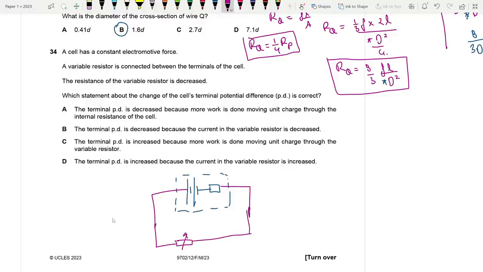So if you decrease the resistance of this, the current in the circuit actually increases, and as a result the lost volts will increase and terminal PD will actually decrease. So the terminal PD is decreased, not increased. The terminal PD is decreased because more work is done moving unit charge through the internal resistance of the cell. The terminal PD is decreased because the current in the variable resistor is decreased. B is wrong, right? So it has to be A.